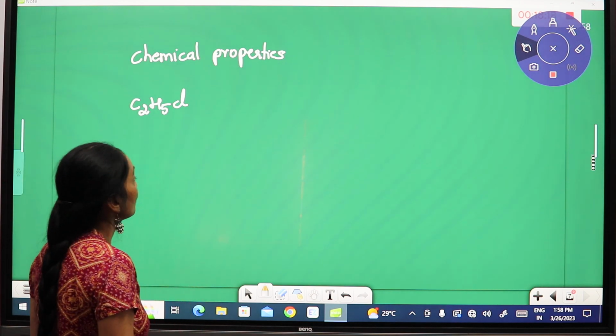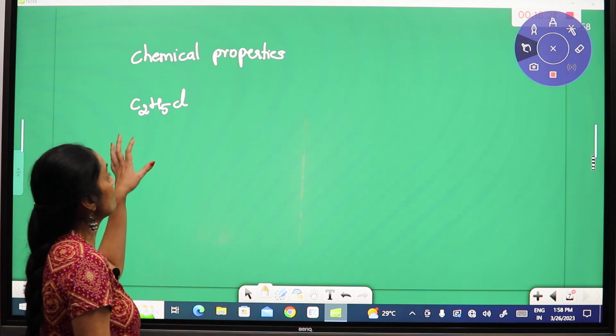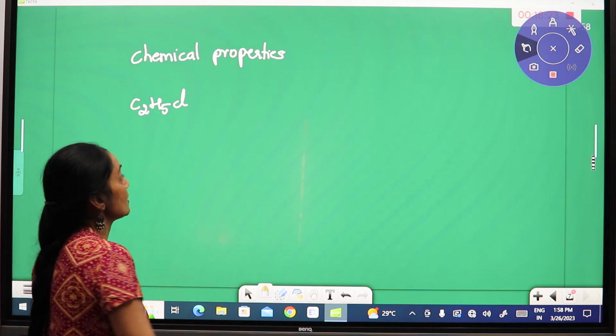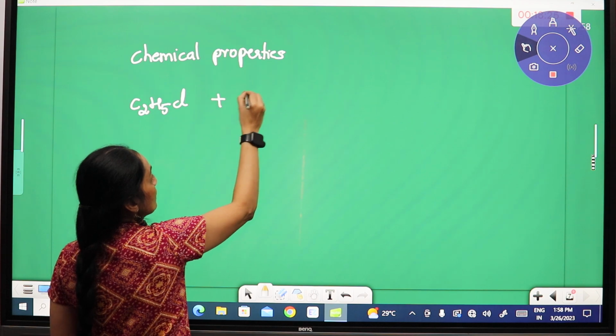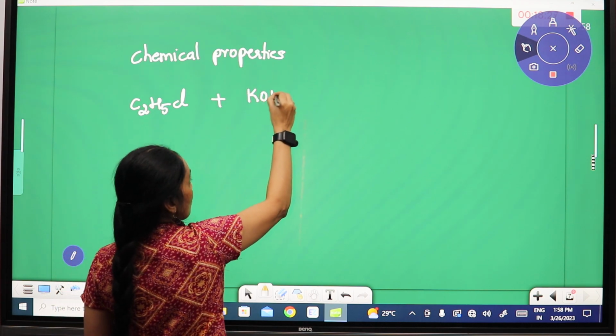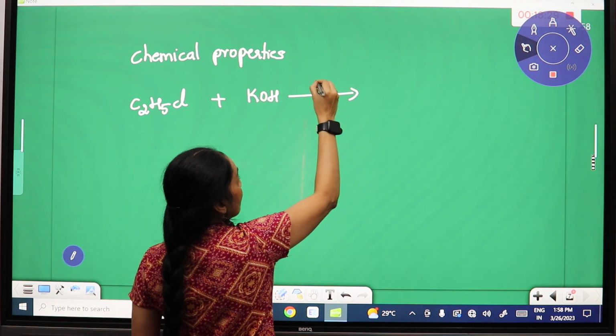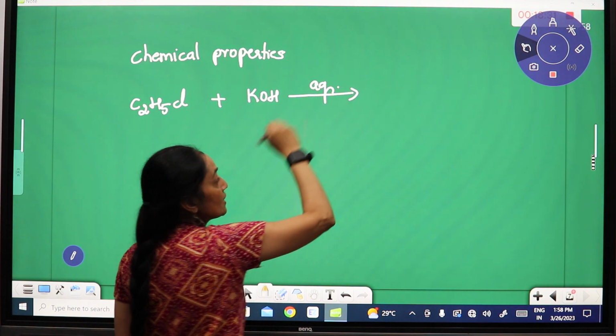When you come to the nucleophilic substitution reaction, we take C2H5Cl and treat this with potassium hydroxide in the aqueous medium. So, the medium matters for us.